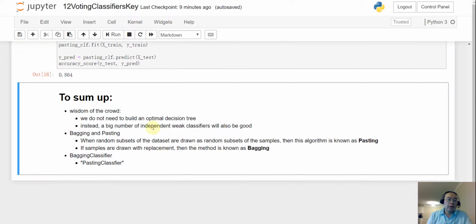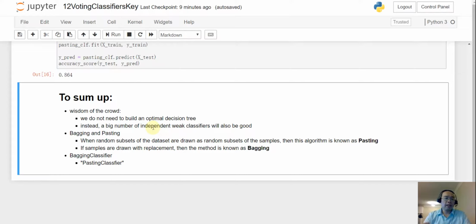To sum up, in this lecture we talked about voting classifiers, and the basic idea is to make use of the wisdom of the crowd. One way is to create a bunch of different classifiers. However, there's a limit.